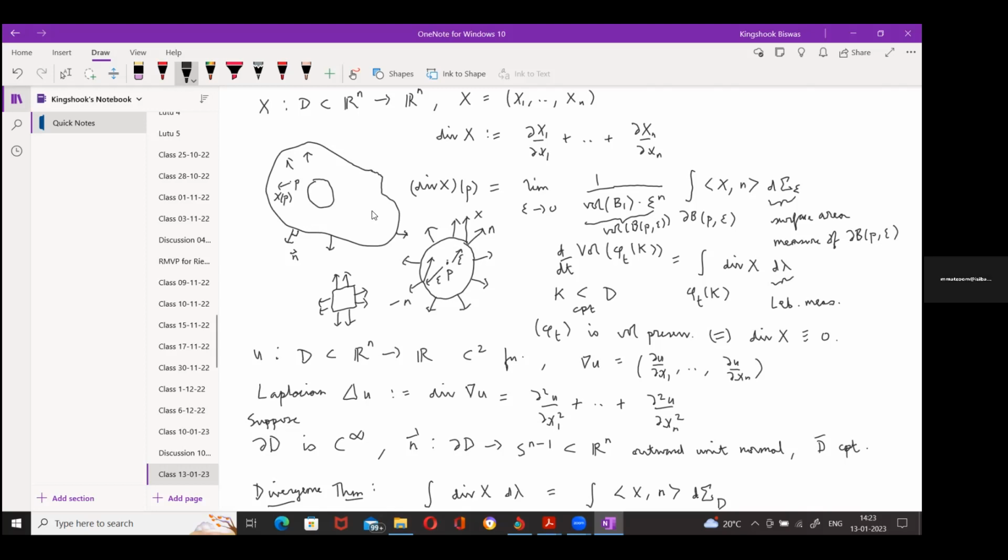So what you could do is break up your domain into small cubes. You take a grid in R^n and break up your domain into small cubes like this.